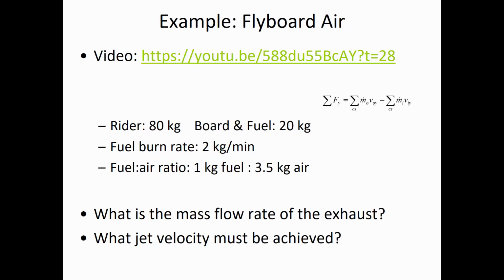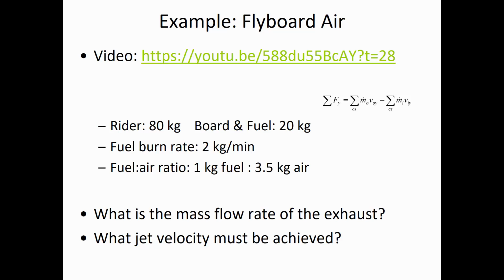The fuel-air ratio, for every kilogram of fuel that's burned, then 3.5 kilograms of air is consumed. And so that means that if you use 1 kilogram of fuel, you're sending out through the bottom of the board 4.5 kilograms of mass. And that's important because it's not just the fuel that comes out the bottom of the Flyboard Air.